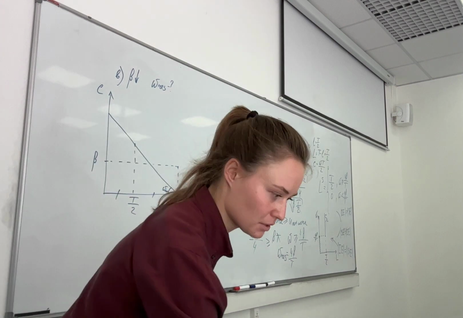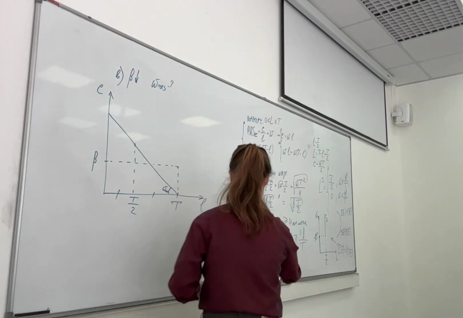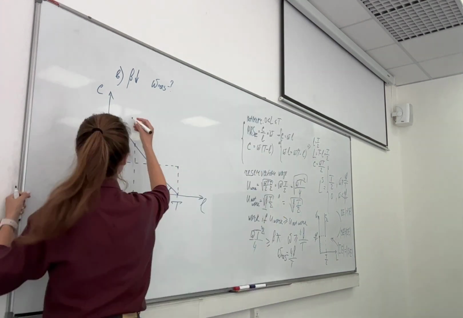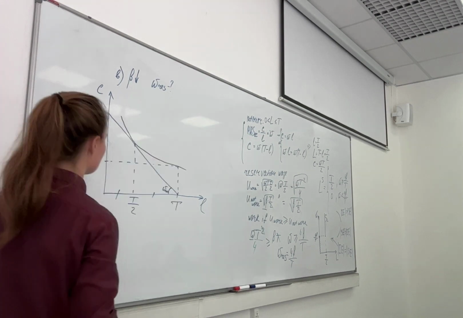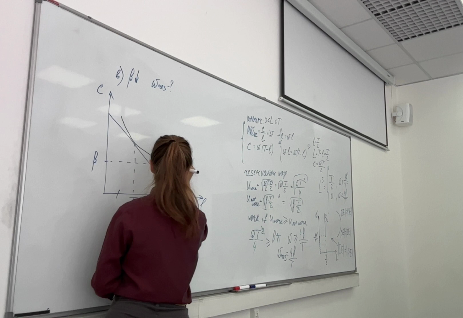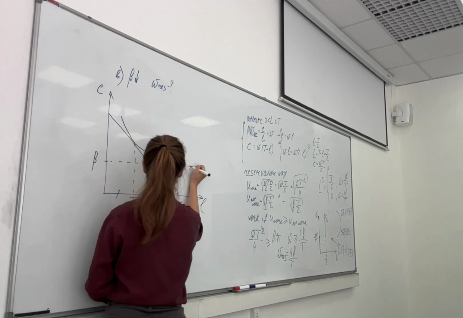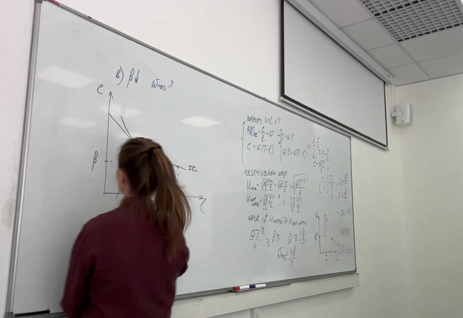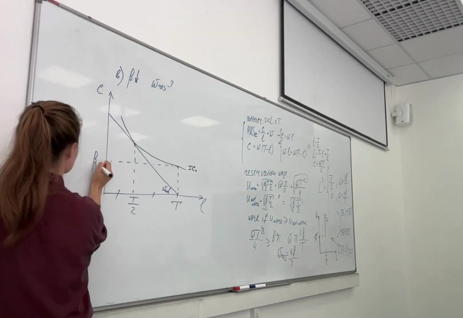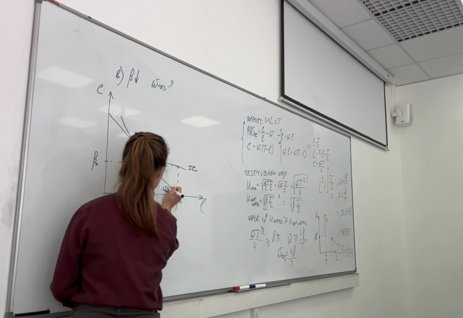Let's use another color. This is with beta 0, this is the reservation wage.